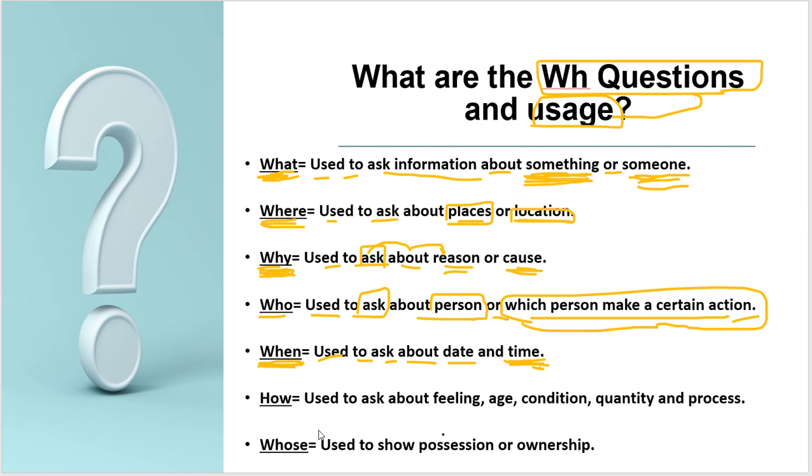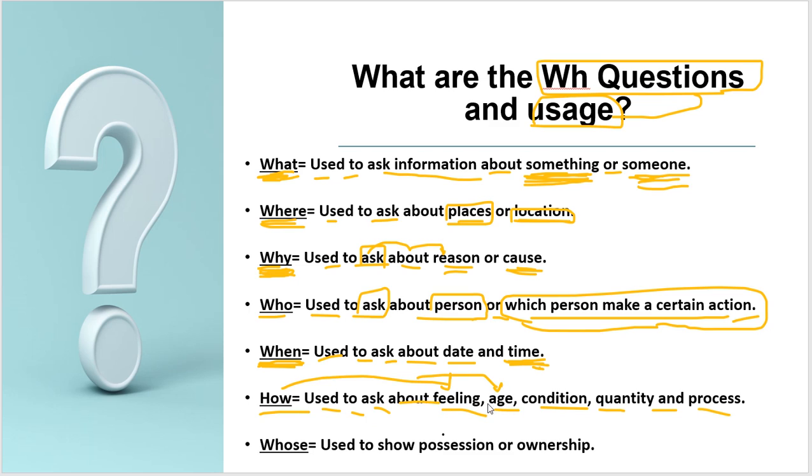Okay, next we have how. We use how as a tool to gather information about feelings, age, condition, quantity, and process. For feelings, that is the time I ask you, how are you today? About your feeling for today. Next, how old are you?